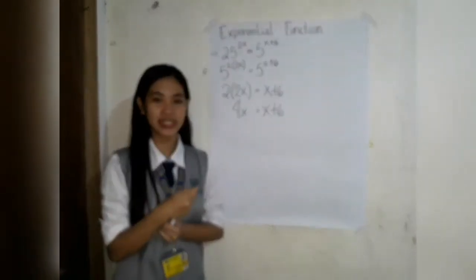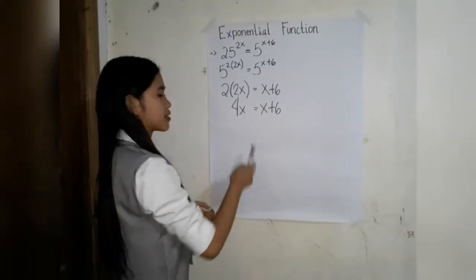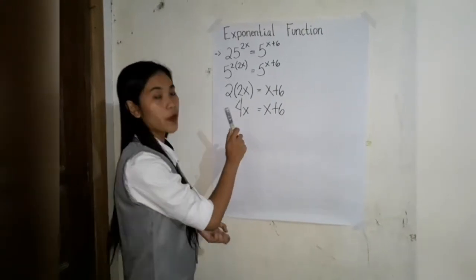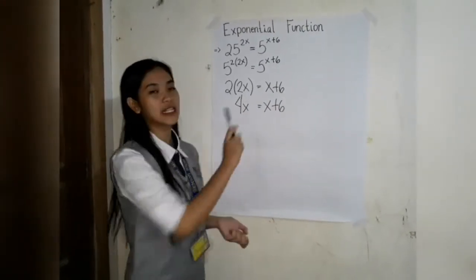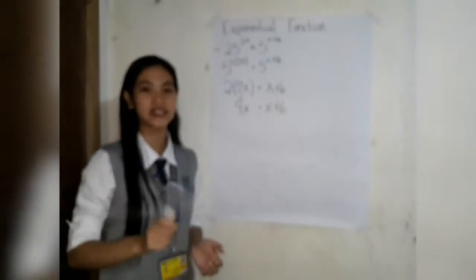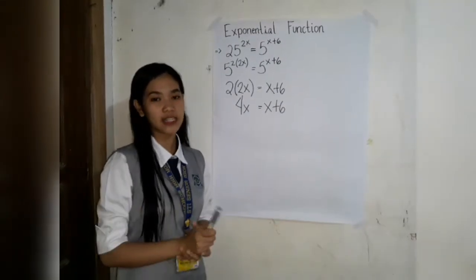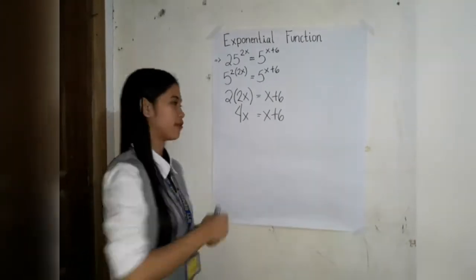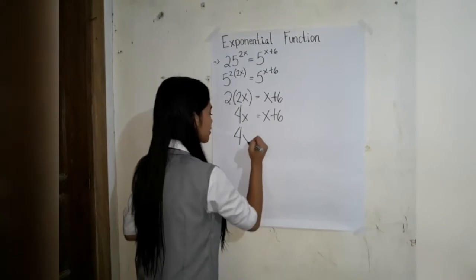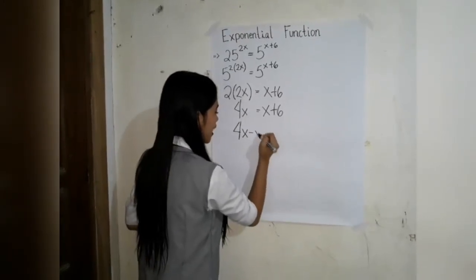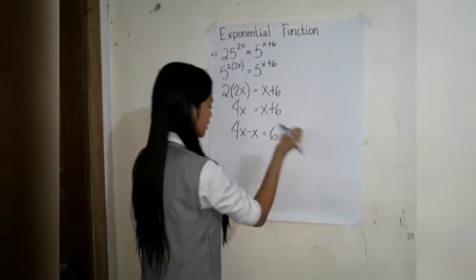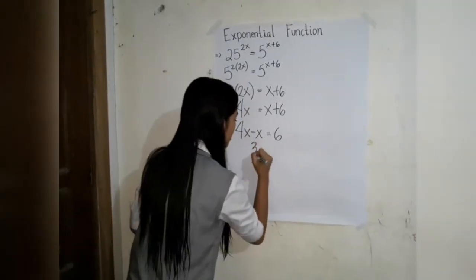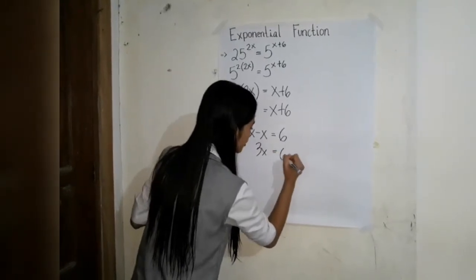And now, we will proceed to transposition, which is to combine the 4x with the x. When we transpose x together with 4x, it becomes negative, because when we transpose, negative becomes positive and positive becomes negative. So, 4x minus x is equal to 6. 4x minus x is equal to 3x equals 6.